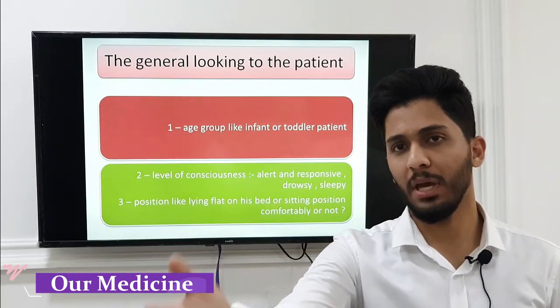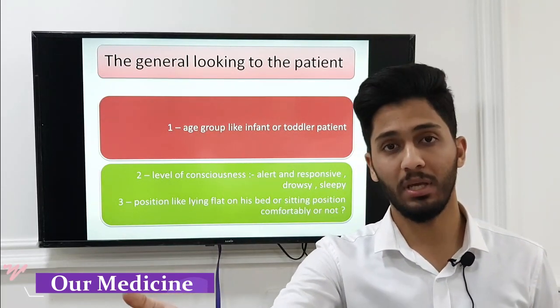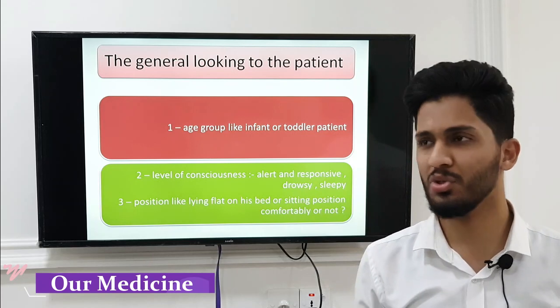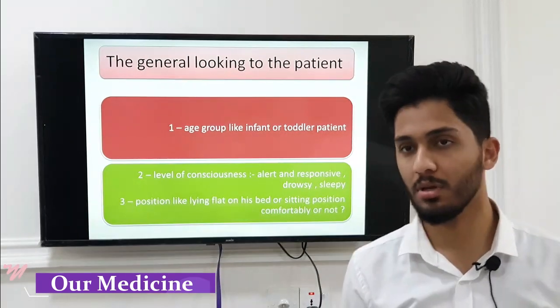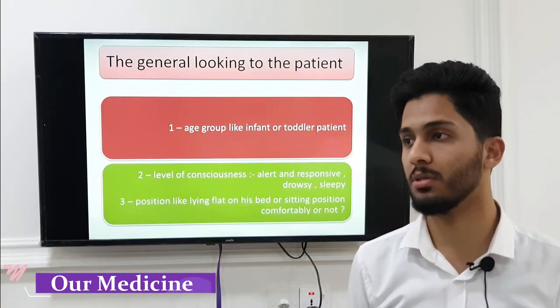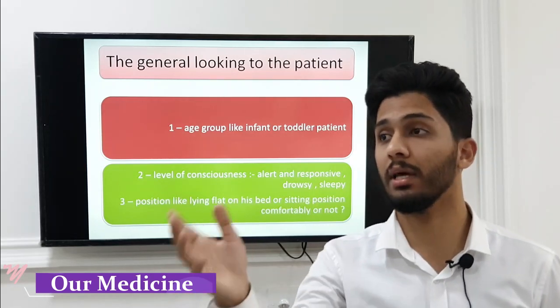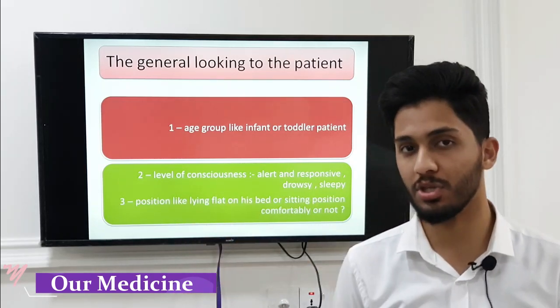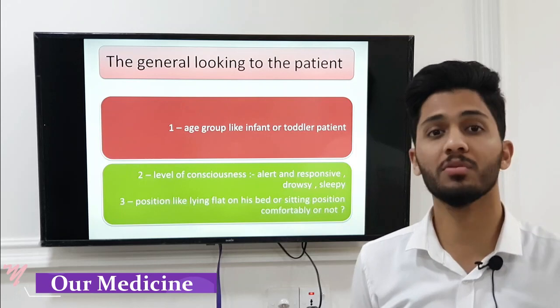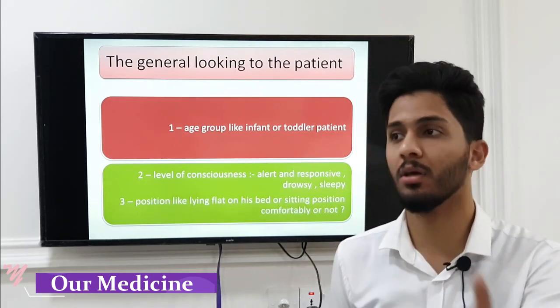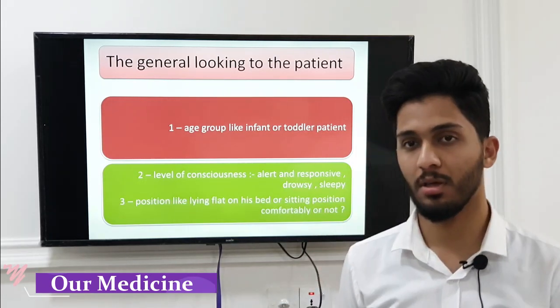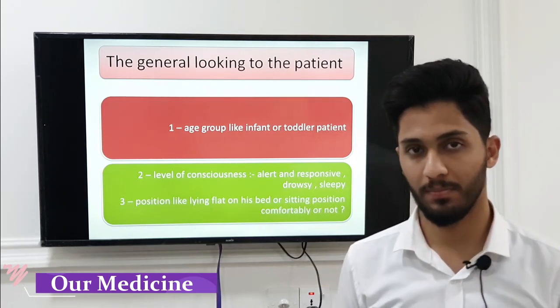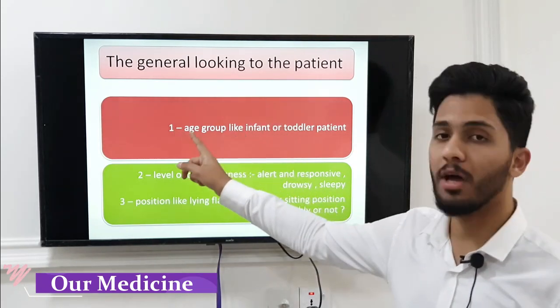Or maybe the patient has SOB and cries. What do you say? You say infant patient or toddler patient, alert or drowsy level of consciousness, or lethargic. I say crying, so the baby is lethargic. The baby is irritable. So firstly, describe the age group.